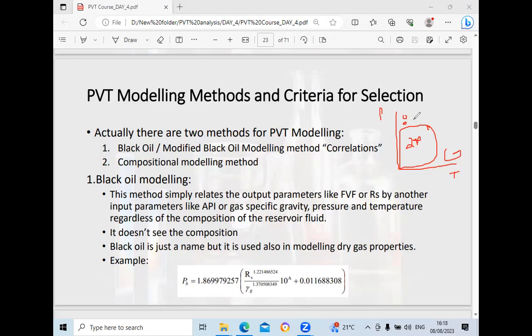We move from the volatile to the condensate, from the condensate to the wet gas, and from the wet gas to the dry gas with increase in temperature. So we have basically 5 different types of reservoir fluids: black oil, volatile oil, condensate, wet gas, and dry gas.